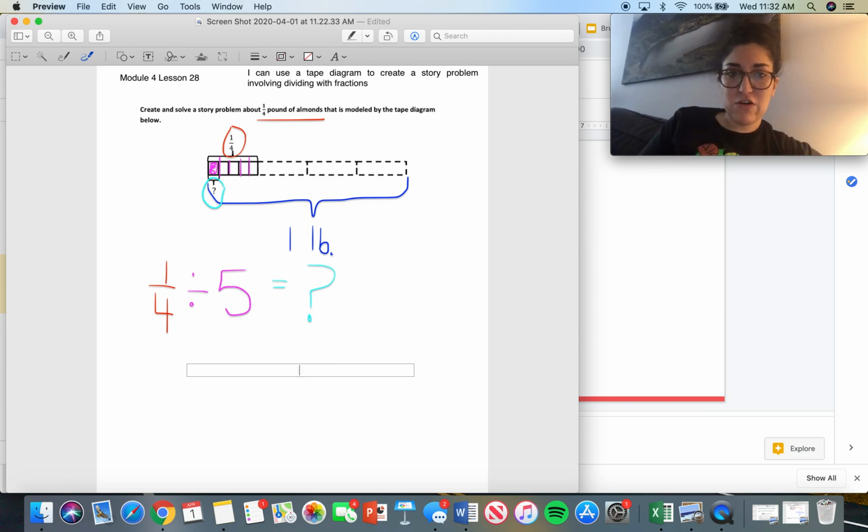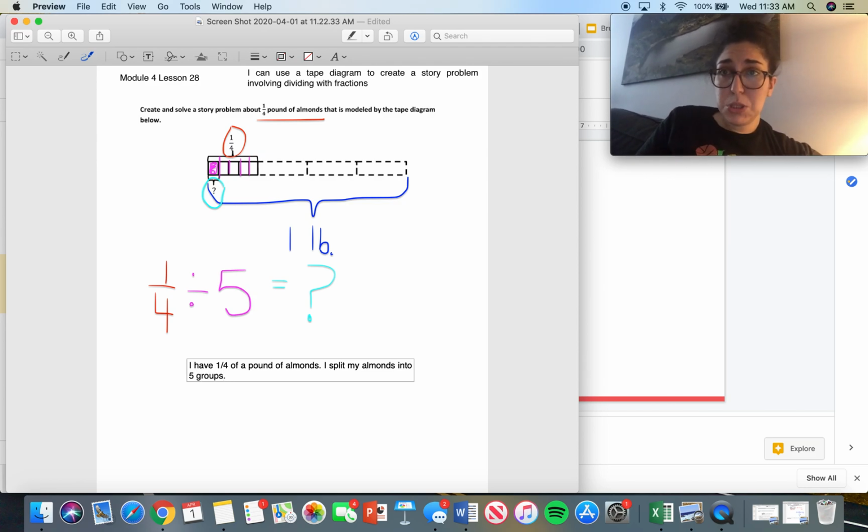So again, I can start with, I have 1/4 of a pound of almonds. Then what did I do with that 1/4 of a pound, scholars? Well, I took it and I cut it into how many pieces? 1, 2, 3, 4, and 5. I split my almonds into 5 groups.